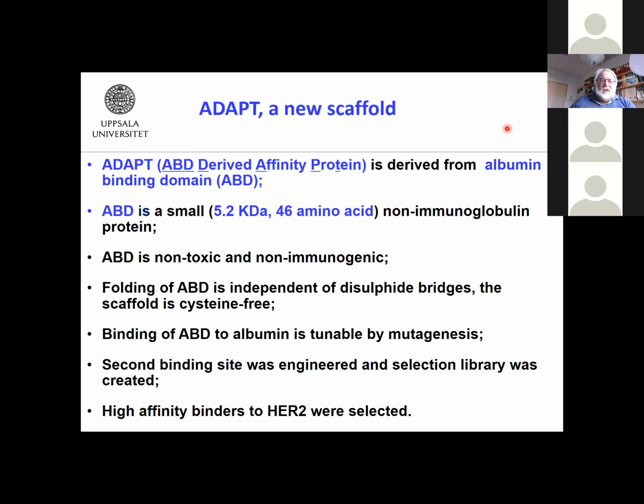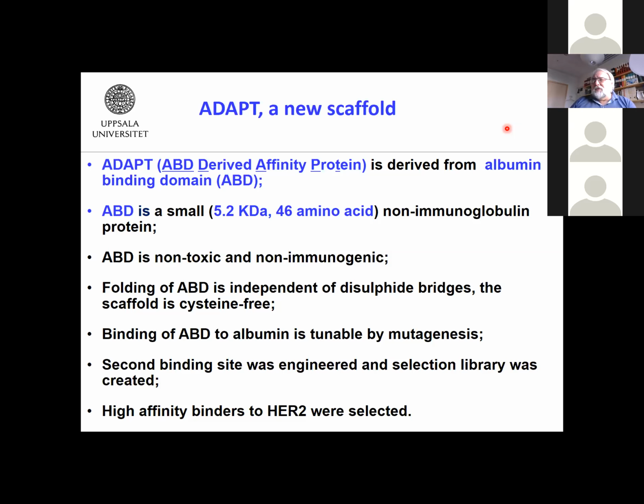And ABD is pretty small. The basic core is 5.2 kilodalton, and it's non-immunoglobulin. It forms a very strong, robust scaffold. We used ABD earlier for modification of pharmacokinetics of antibody molecules.